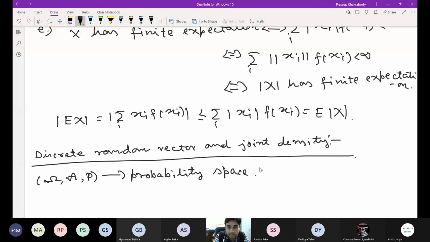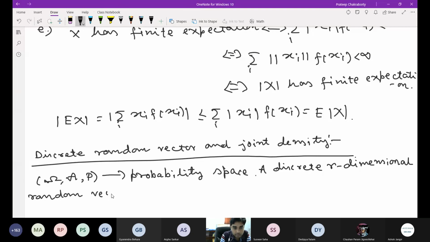A discrete r-dimensional random vector X is a function from the sample space, or the space of outcomes, to R power r.